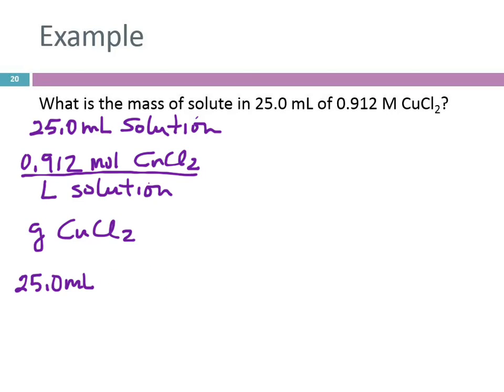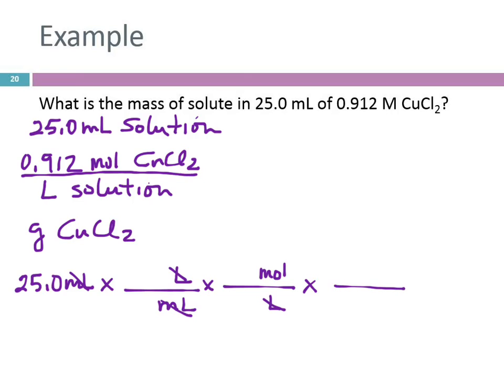I'm going to get rid of that word. Can I convert milliliters to liters? Sure. So if I convert milliliters to liters, then I could use the molarity in here, right? It's like putting together a jigsaw puzzle or something. And could I get from moles to grams? Yep. Yes, I could.